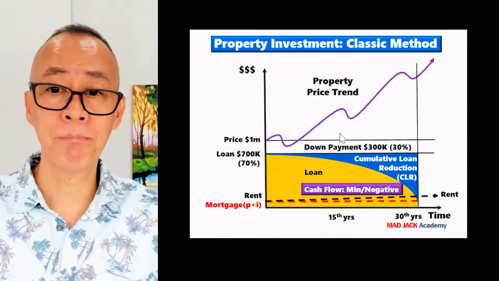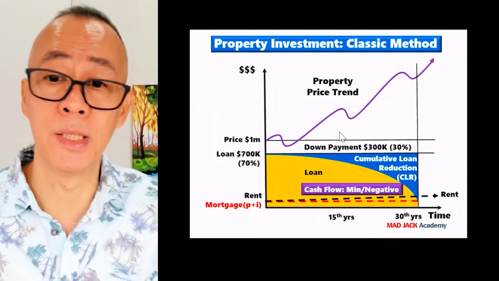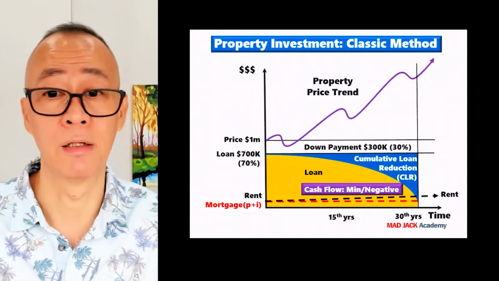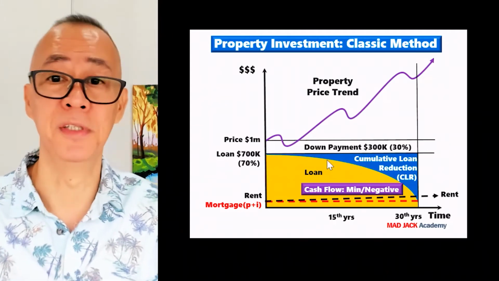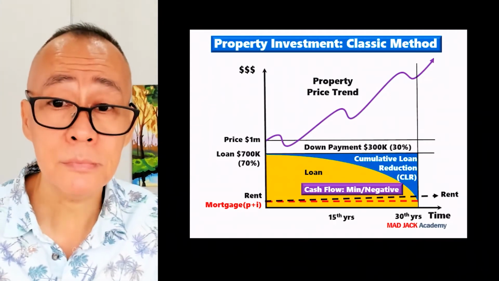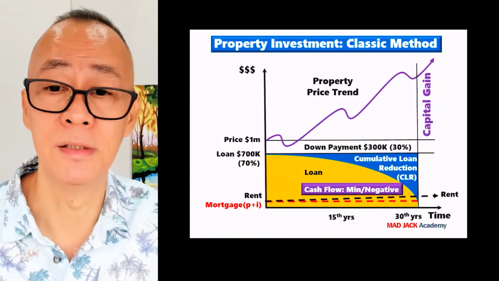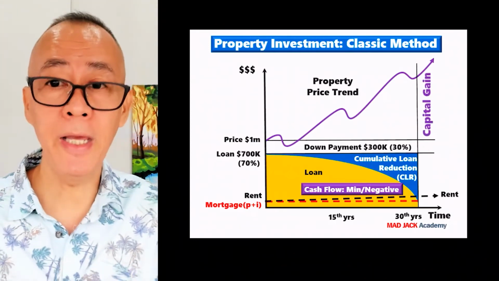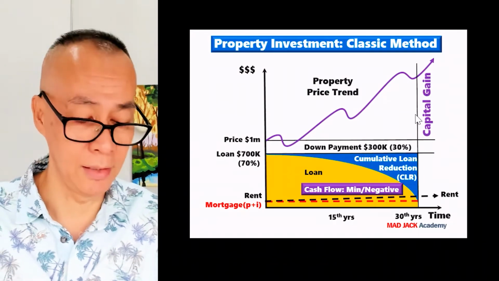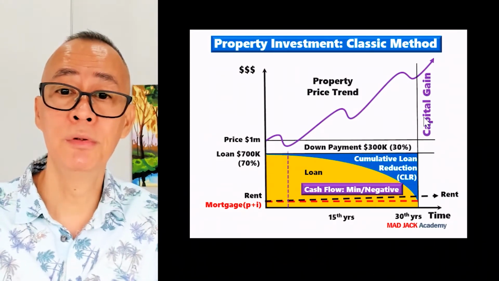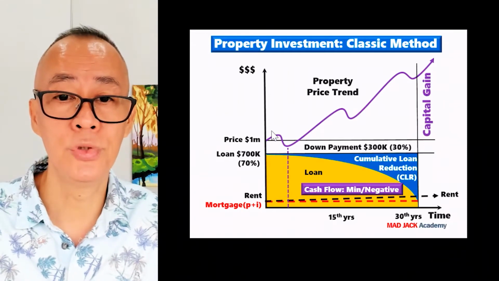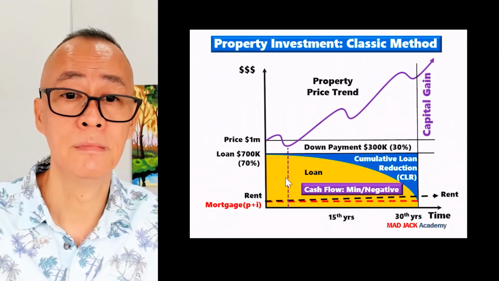So meantime, where is the excitement when you buy a property like that? It takes a long time for you to pay off your loan. 30 years is almost a lifetime already, or 1/3 of your lifetime. Now, the excitement is in the capital gain. Capital gain is something that you can make, you can lose. If you sell your property during the downturn, right?